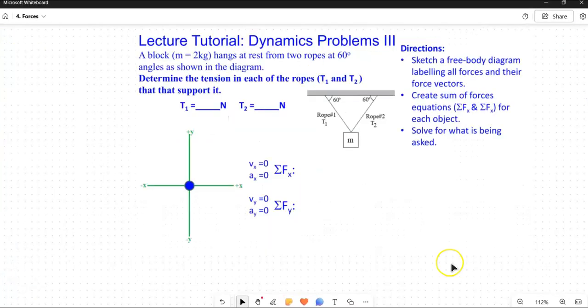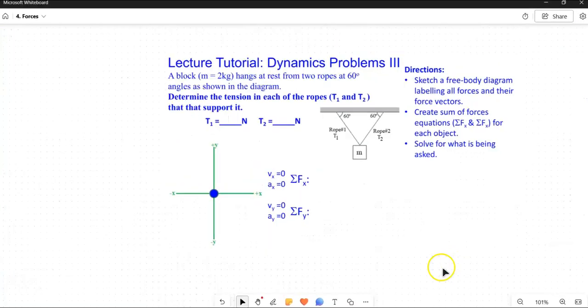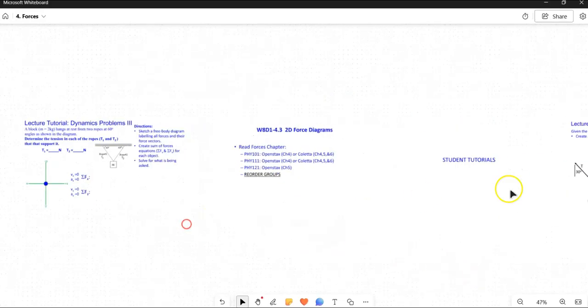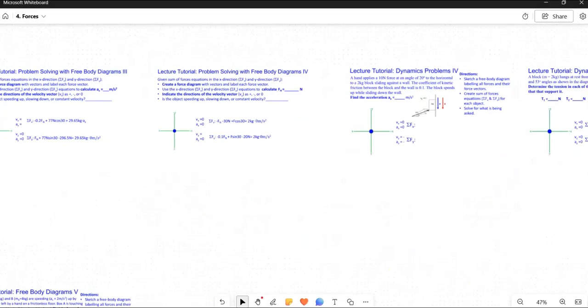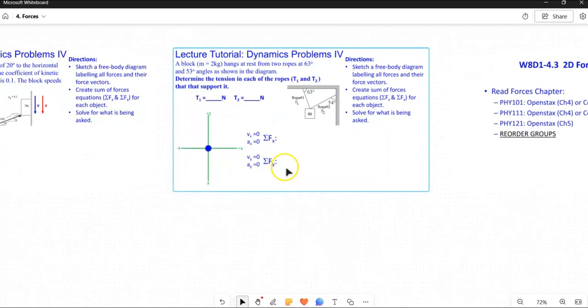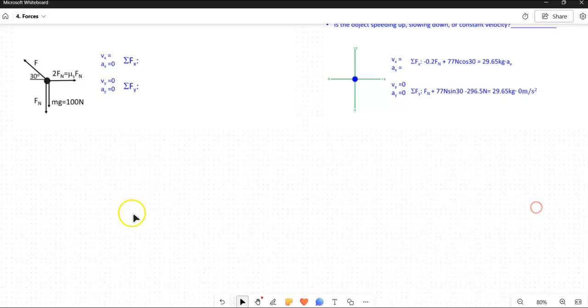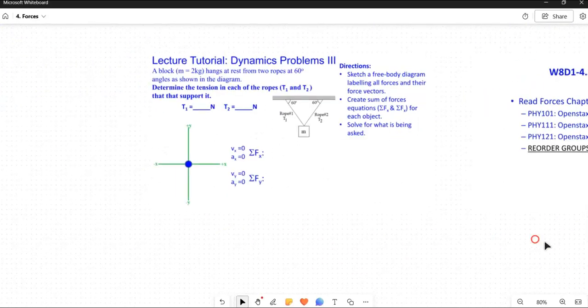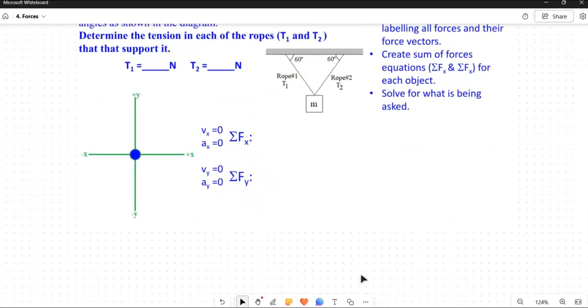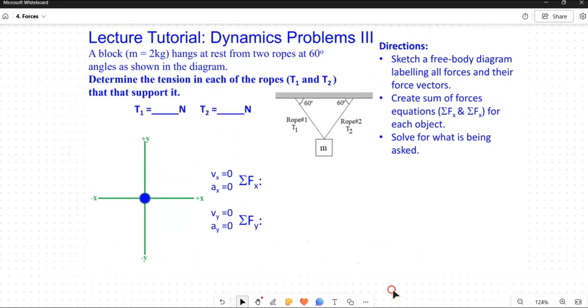I wanted to do one other problem just to help you out, because one of your tutorial problems does have a block that is suspended by 2 ropes at 2 different angles. So I wanted to demonstrate how to do it really quickly, even if the 2 angles are the same. Here we go.